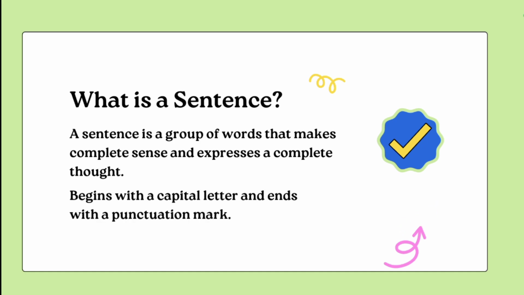Sentences always begin with a capital letter and end with a punctuation mark, like a full stop if it is a statement or an imperative sentence, a question mark if it's an interrogative sentence, and an exclamation mark if it is an exclamatory sentence. So, based on these three punctuation marks, we understand the type of the sentence.